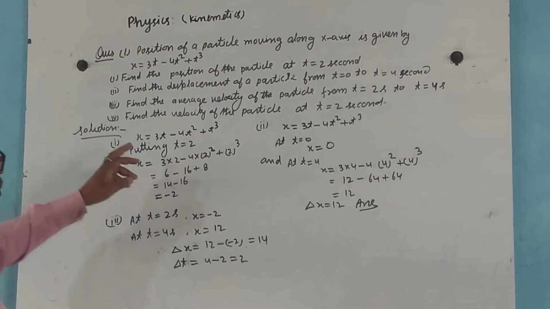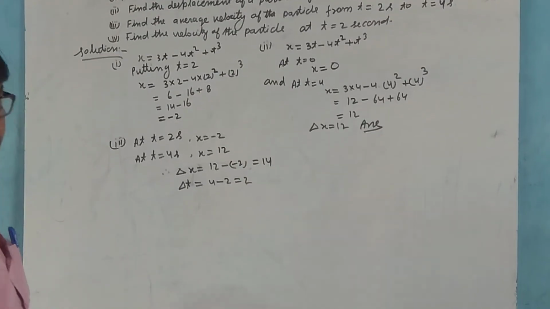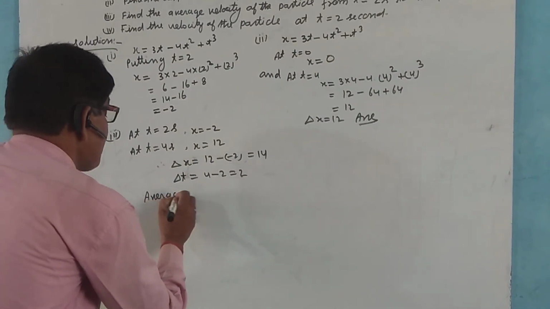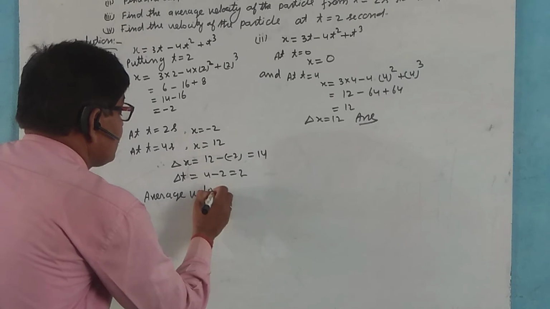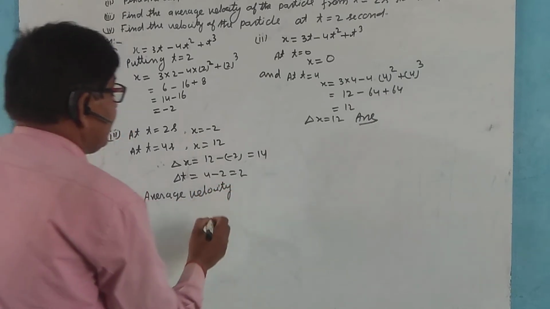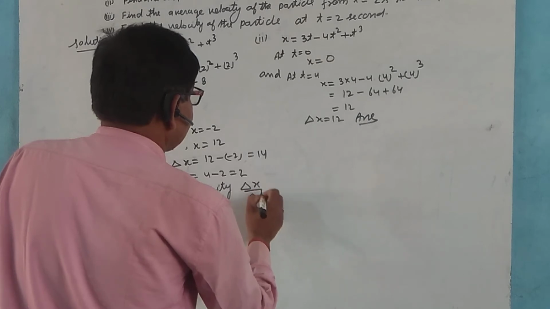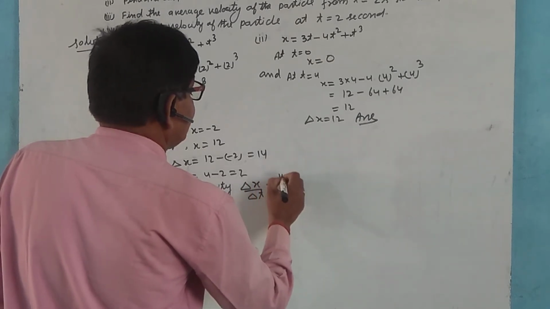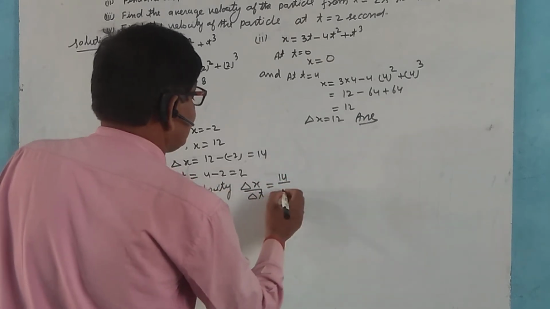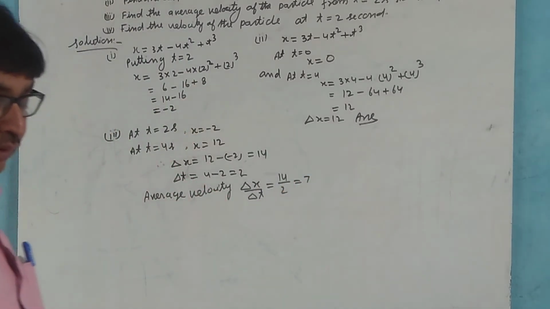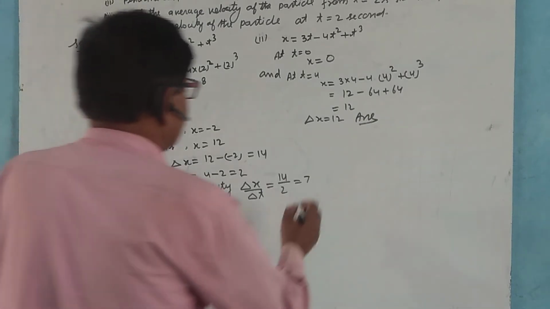Now find the average velocity of the particle. Average velocity is equal to delta s by delta t. Delta s is equal to 14 and delta t is equal to 2, that is equal to 7 meter per second.